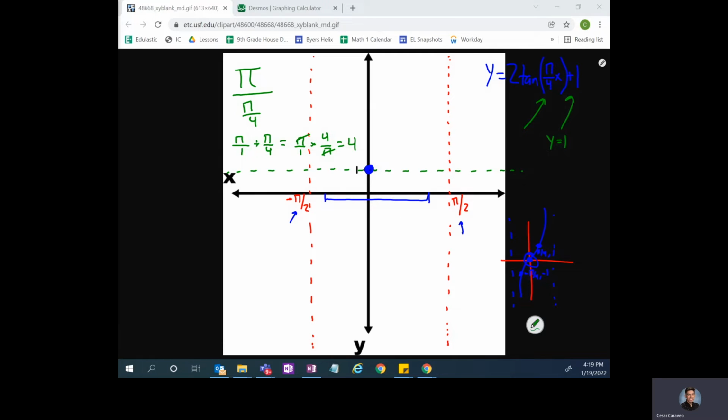Instead of pi, now 4, which means if I split that in half, this is no longer pi over 2, it's no longer negative pi over 2. This is now negative 2 to positive 2. Because now my period is 4, and I go negative 2 to positive 2.